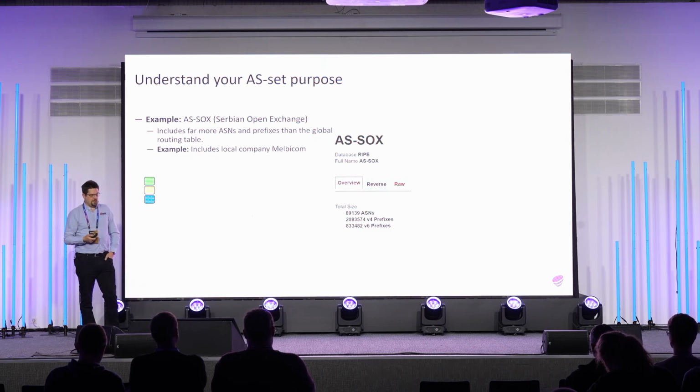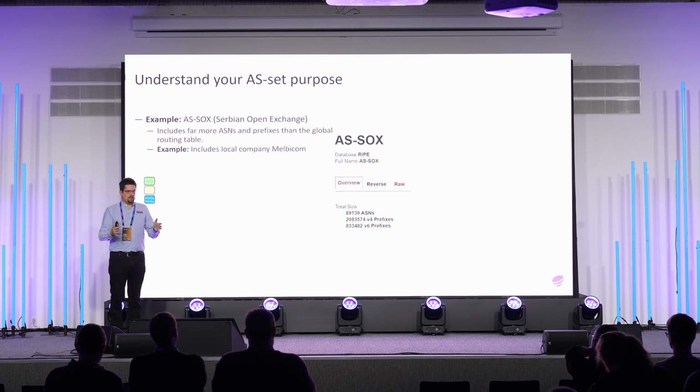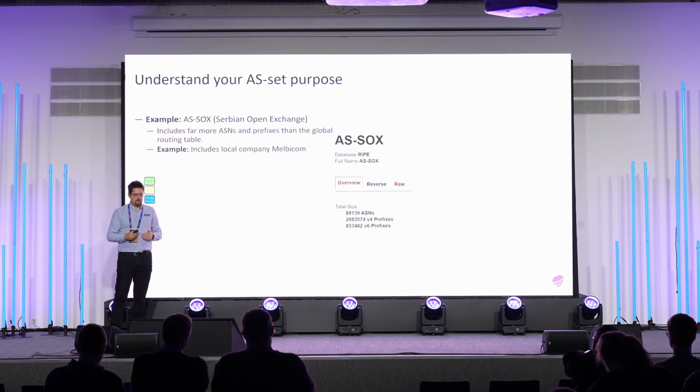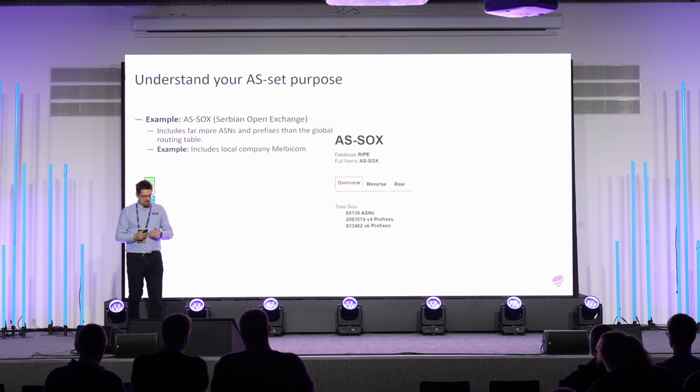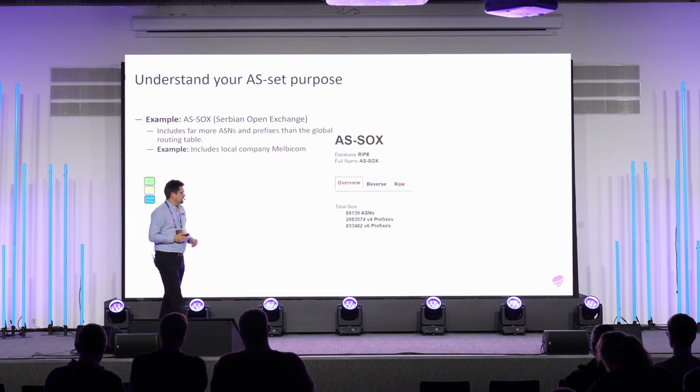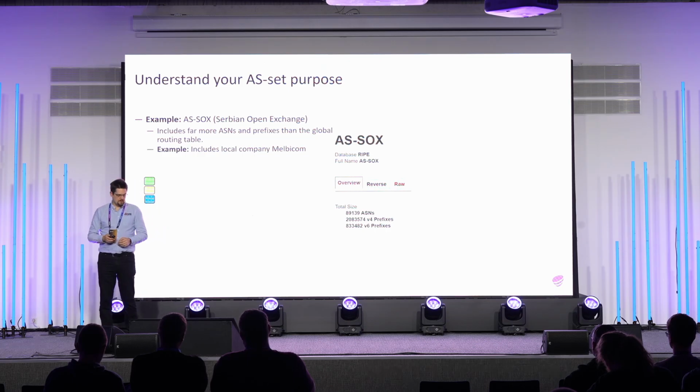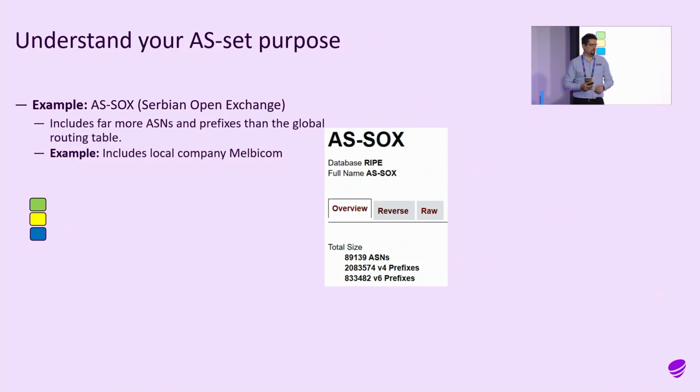And what you see here is that they have included so many different members in their AS set that actually the total size of it is almost 90,000 ASNs and more than 2 million IPv4 prefixes, so far more than is even routed on the internet.